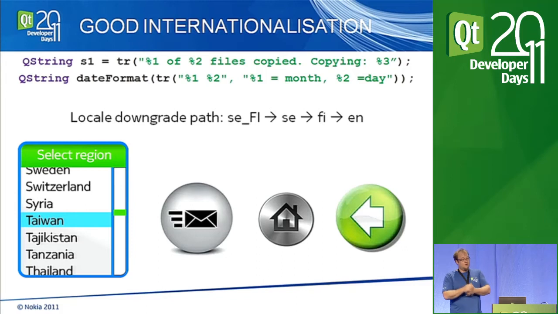And if you don't find those, then you could settle for Finnish, because almost everybody who speaks Swedish in Finland also speaks Finnish. And if you can't find that, then take English.